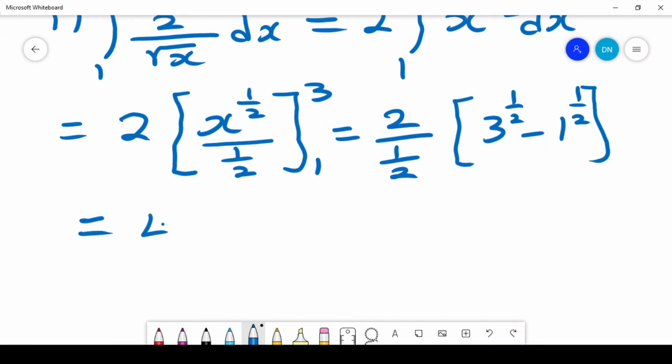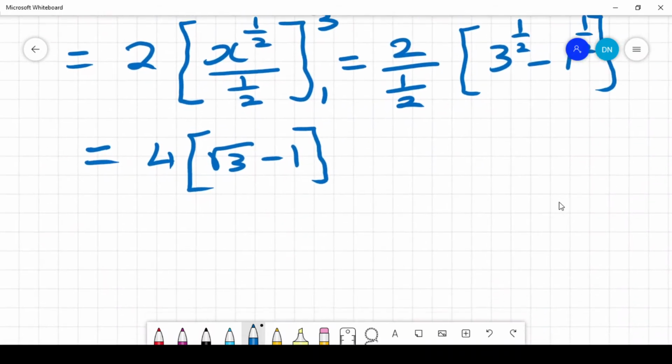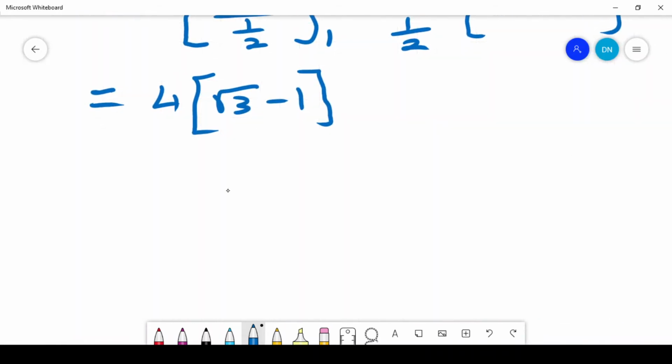So the answer will be 4 times the square root of 3 minus 1, which I'll leave out for you to get a calculator and key in those values to see what you get from that computation. After all, even if you leave it that way, I don't think it will affect anything so long as the answer is okay.